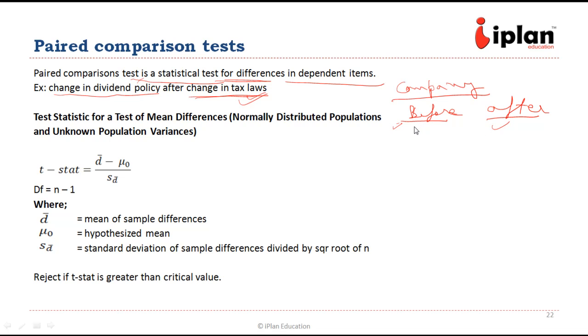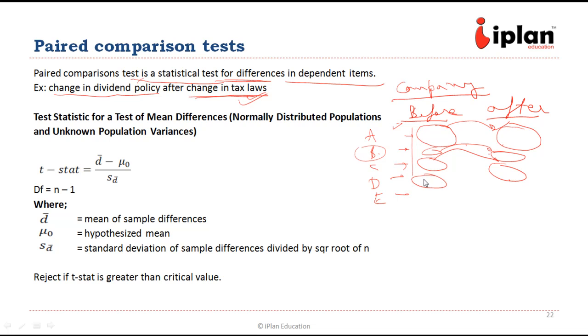So for such kinds of cases, we make a pair. If there are say 10 companies A, B, C, D, E, we are comparing the dividend of company A before and after with itself, not with company B. So we make these pairs and take the difference, and then we have these differences D1, D2, D3, D4, which is our sample.